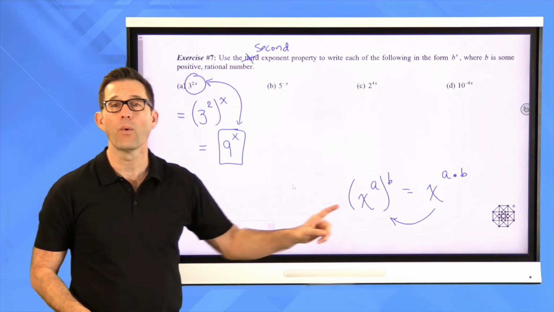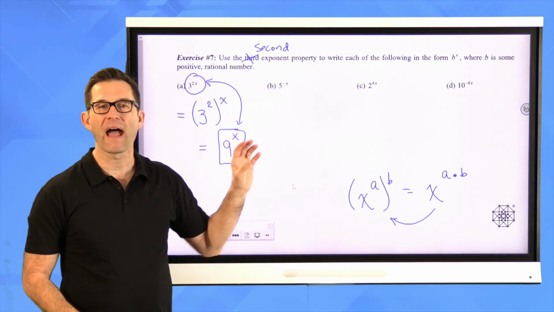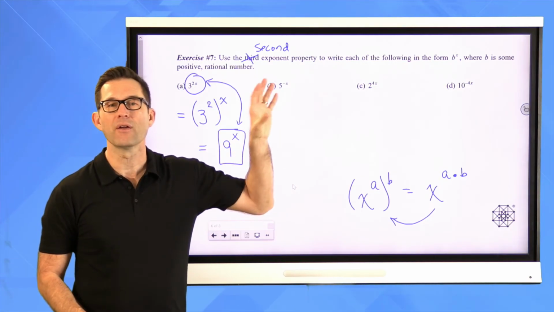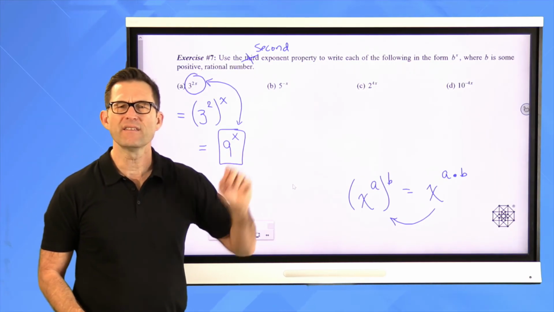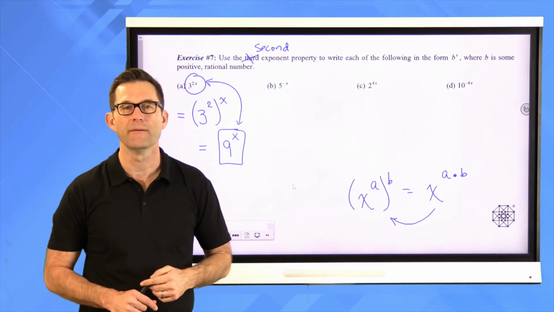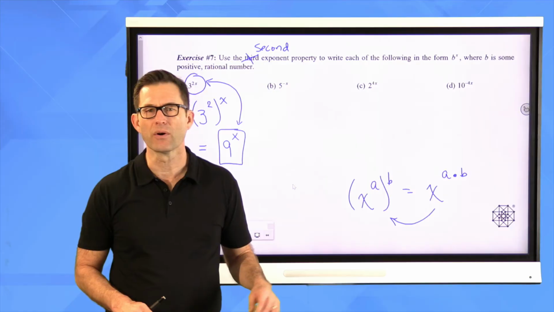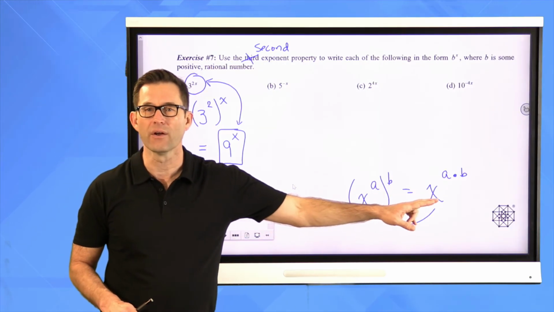Each time I want to use this property, but in reverse, to get back to a single number being raised to x. Now I'd like to take a look at letter B together because that's a little bit tricky for people. Here I have 5 to the minus x. Now that may not seem like it's very similar to what I've got going on down here, right?